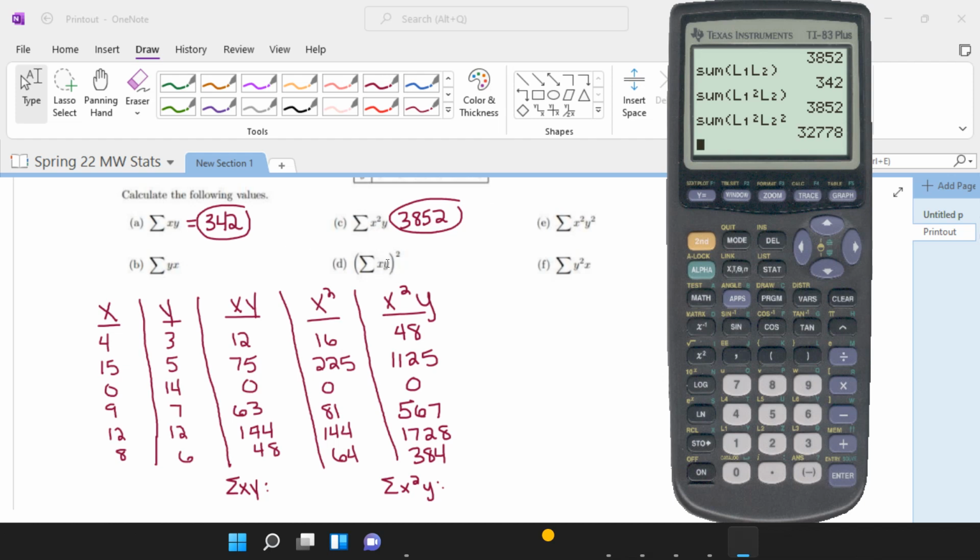This is the sum of xy squared. So this is actually the sum of xy, so 342 squared. You can just do that. So that should be 116,964. And then for F, you would want sum of L2 squared L1. So second list math, sum, and then you want L2, so second 2 squared, then second 1 for L1.